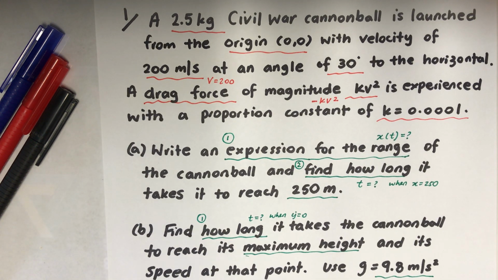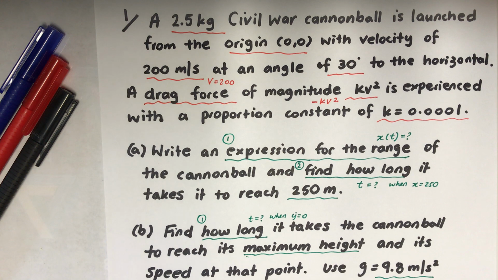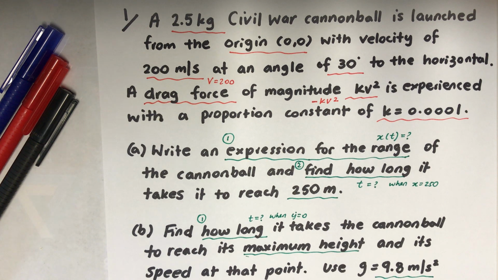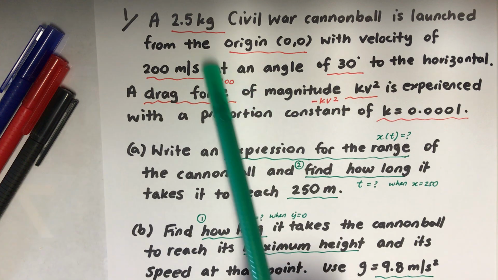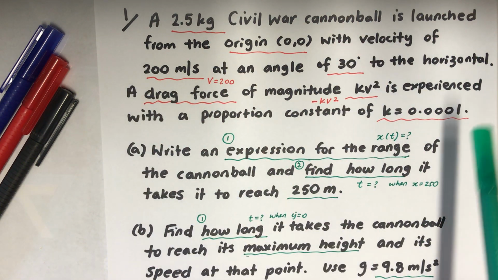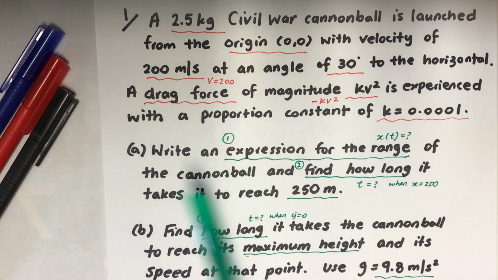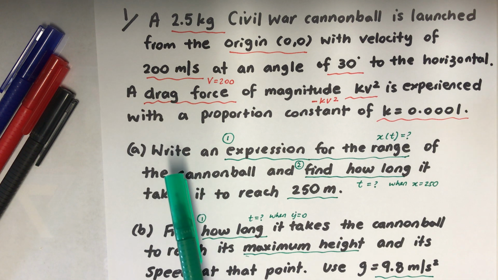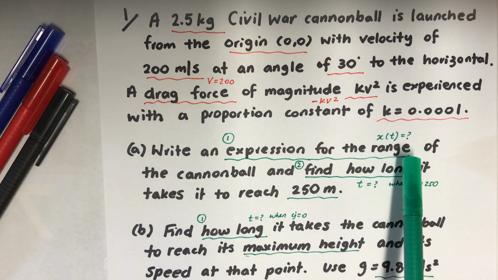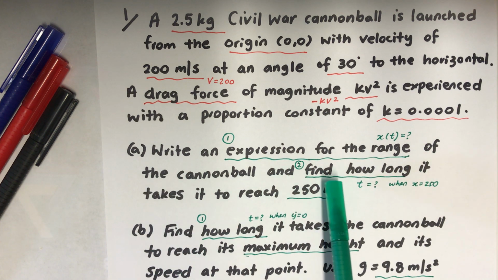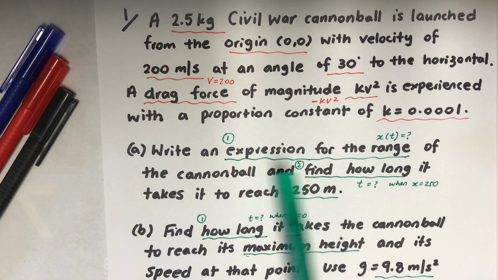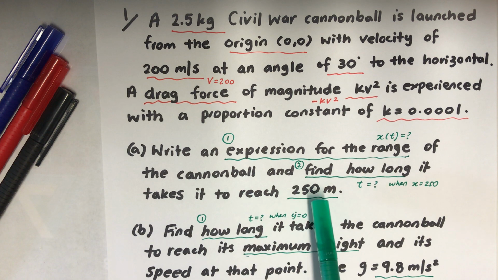A drag force of magnitude kV squared is experienced with a proportionality constant of k equals 0.0001. Okay, so I just underlined all the important information there. And part A, write an expression for the range of the cannonball and find how long it takes it to reach 250 meters.